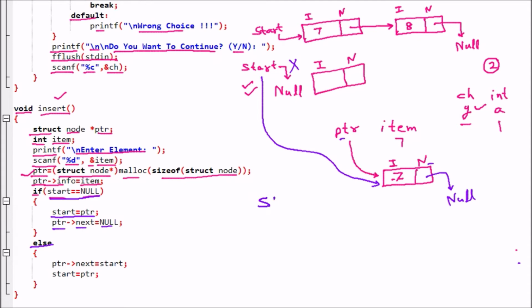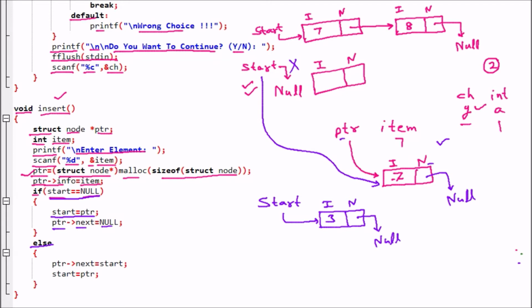Let us suppose that we have a start, and start already has a few elements, maybe 1, and here we have the info part and the next part, maybe the element is 3. So start is pointing to node 1 and here it is null. Now what in that case if we have the ptr? So the else part will work.